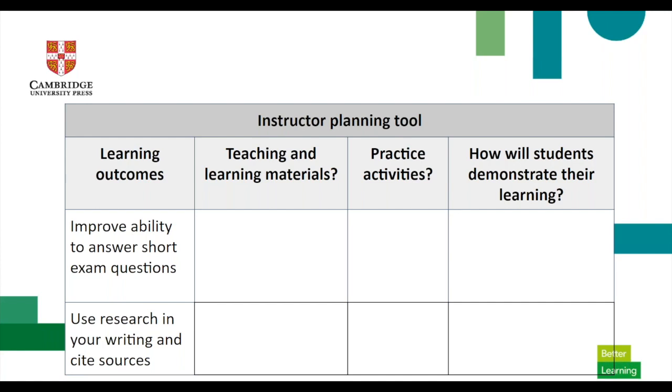So listing those learning outcomes, and again, there might be 5 to 10 of those, but once they're there on the left-hand side, you can plan accordingly. Which materials are you going to use in order to meet those objectives? What types of practice activities do the students need in that engineering course, in that CLIL course? And again, how are the students going to demonstrate their learning? Once you have it all lined up like that, this tool is useful in a wide variety of courses.